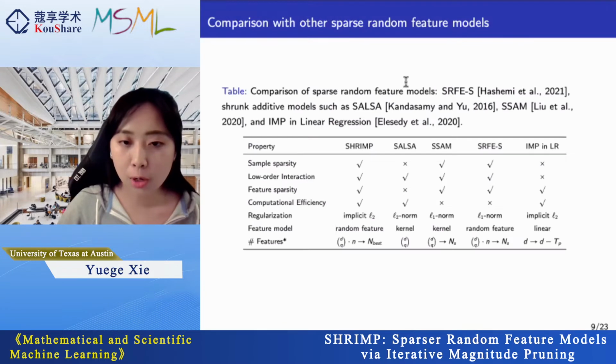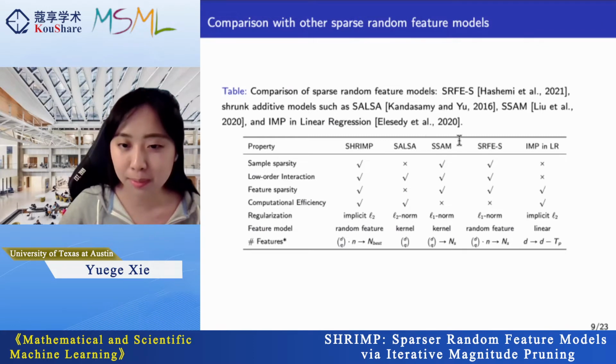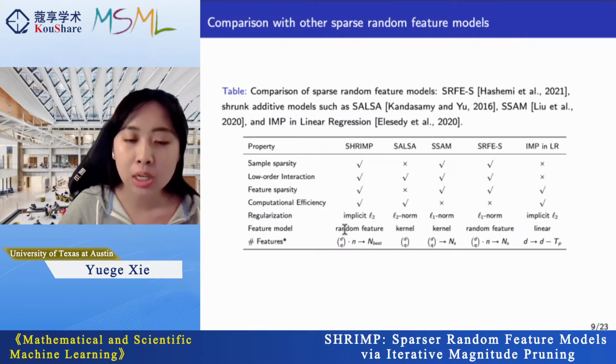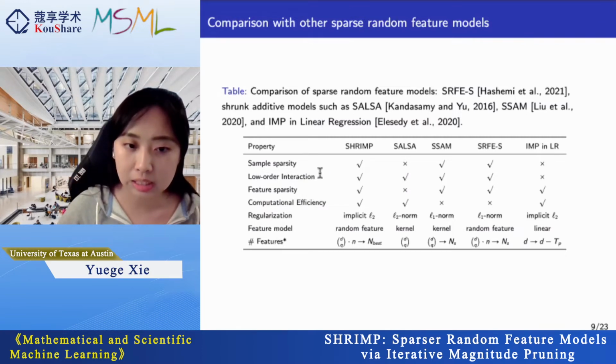Furthermore, we also list some properties of shrimp and other sparse models from two lines. The first is the sparse kernel methods, sparse trunk kernel methods, and also the sparse random feature models. As we can see from this table, shrimp can obtain both the sample sparsity and also the feature sparsity due to the two-stage process, and it can obtain the low-order interaction.